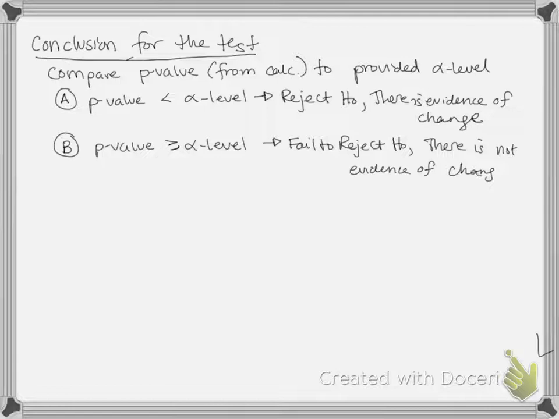I don't know why my pen does not like writing the word change. So they basically are saying here that if my p-value is really large, which means that my sample data is really close to my hypothesized data, then it's not far enough away to claim there is a change.